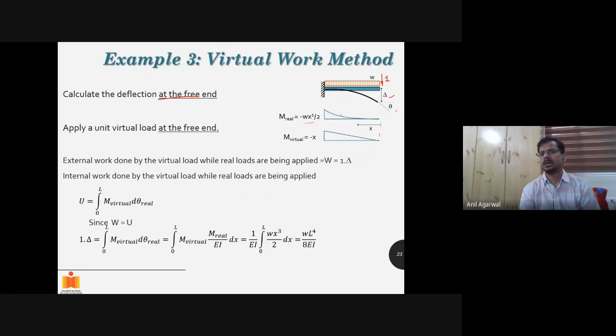For a given x, the bending moment is Wx²/2, negative because it's a hogging moment. Similarly, I calculate the bending moment diagram for the virtual load. The virtual load was 1 here, so I get minus x as the bending moment at a given x value.